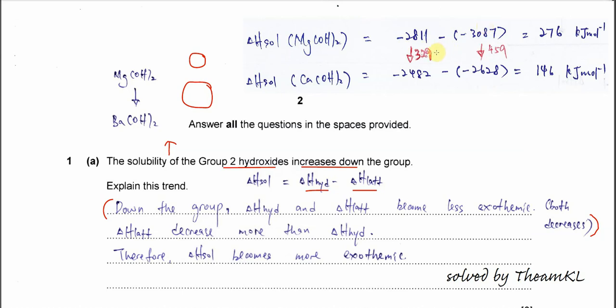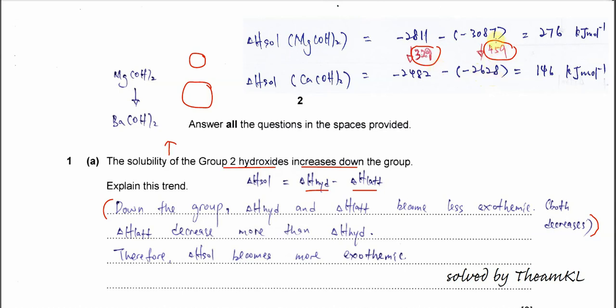Down the group, the hydration enthalpy decreases by 329 and becomes negative 2482. The lattice energy decreases more than the hydration enthalpy, by 459, from negative 3087 to negative 2628 kilojoule per mole.